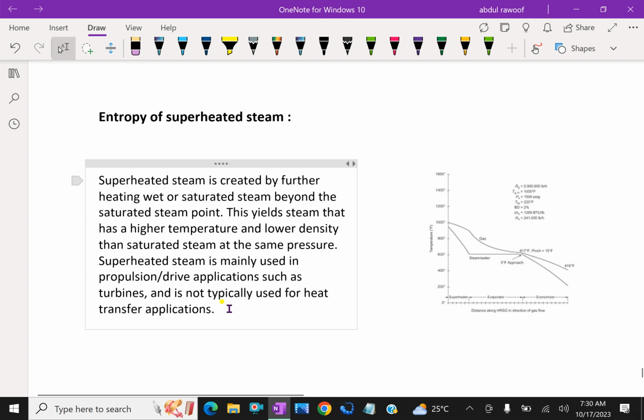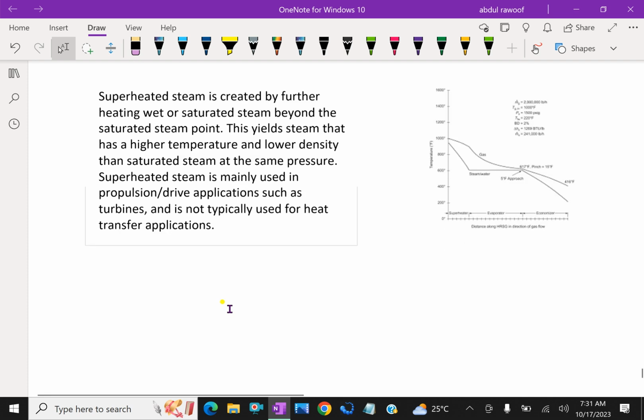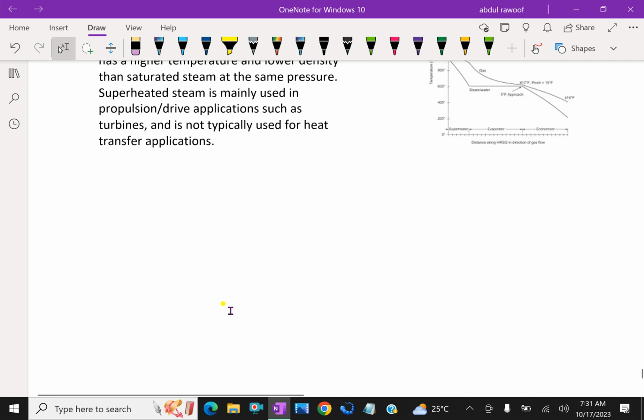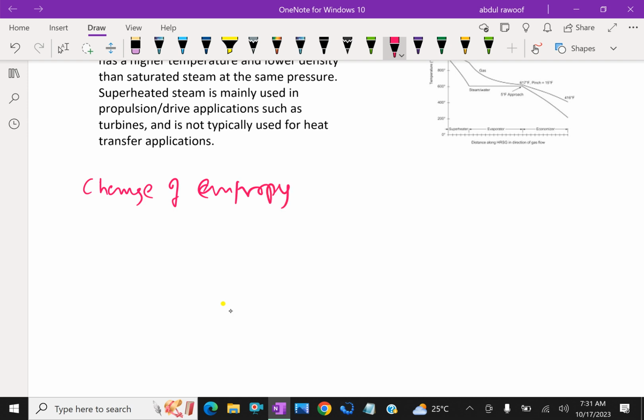For superheated steam, if the specific heat at constant pressure is Cps, then change of entropy for superheated steam is Cp superheated log e T super over Ts.